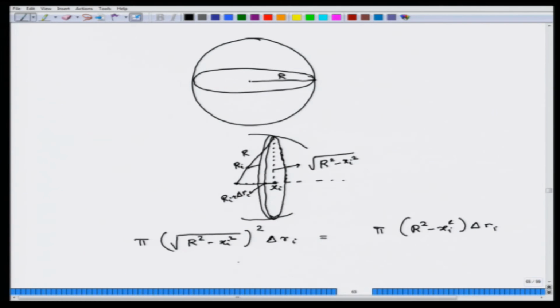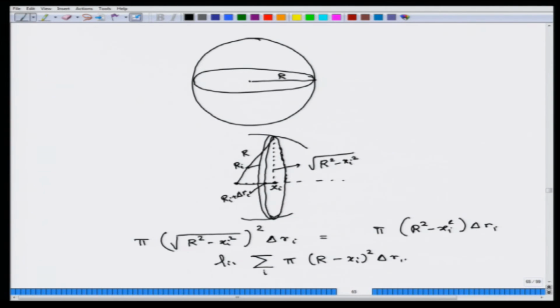So, if you sum up all the cylinders, xi is some point lying in between these two ends of the elemental cylinder. So, I is whatever number of cylinders you have pieced up the sphere into.